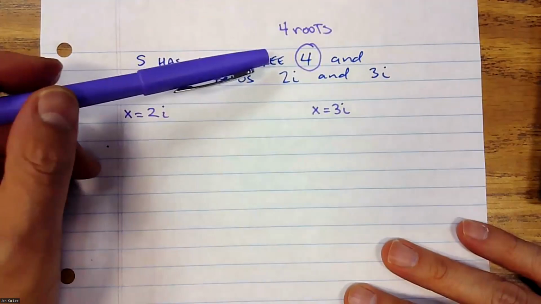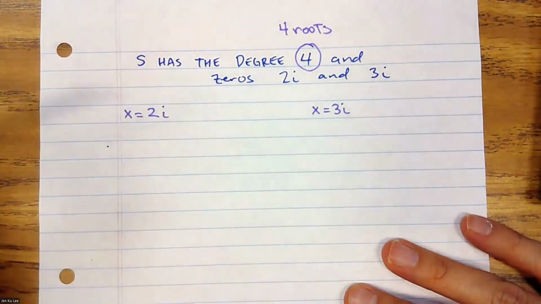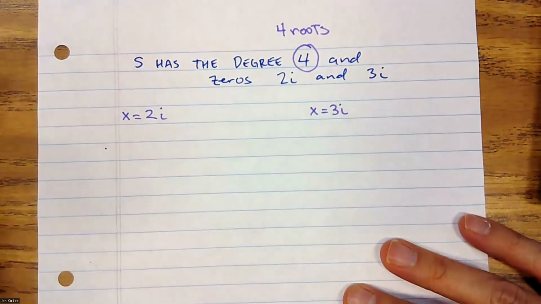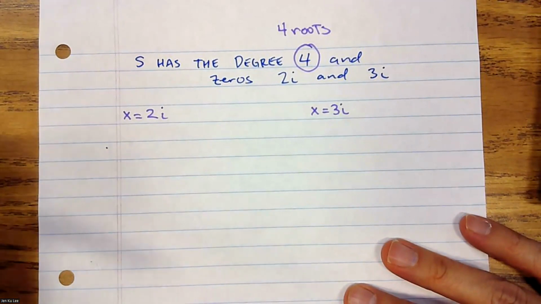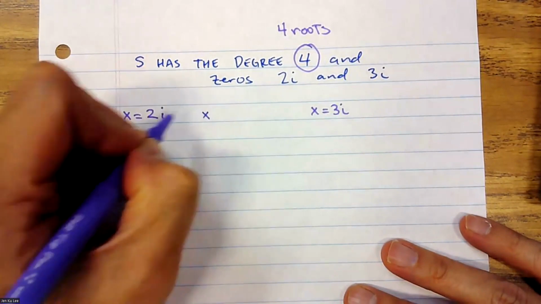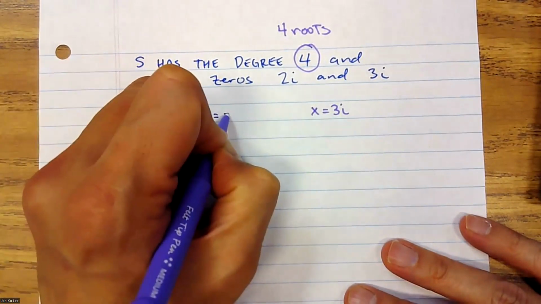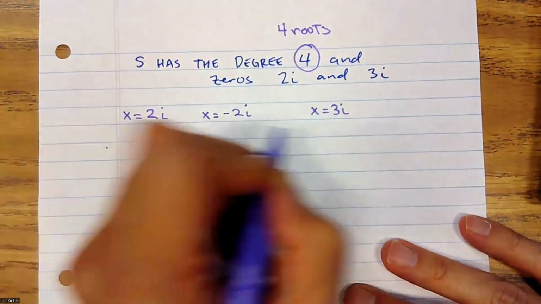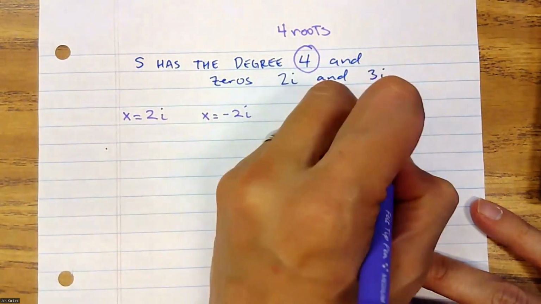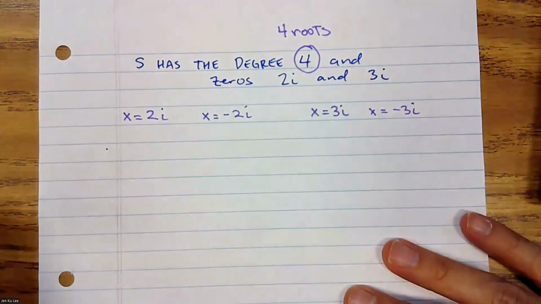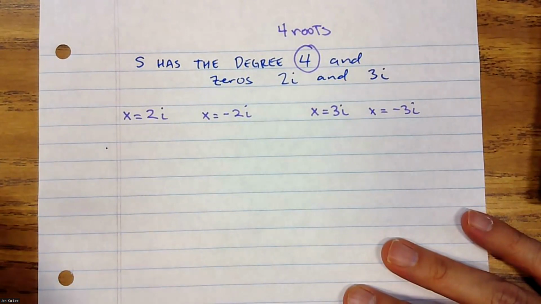Wait, it has 4 roots, but I'm only given 2. What's the other 2? The conjugate, right? So what's the conjugate to 2i? -2i. What's the conjugate to 3i? -3i. So there's my 4 roots.